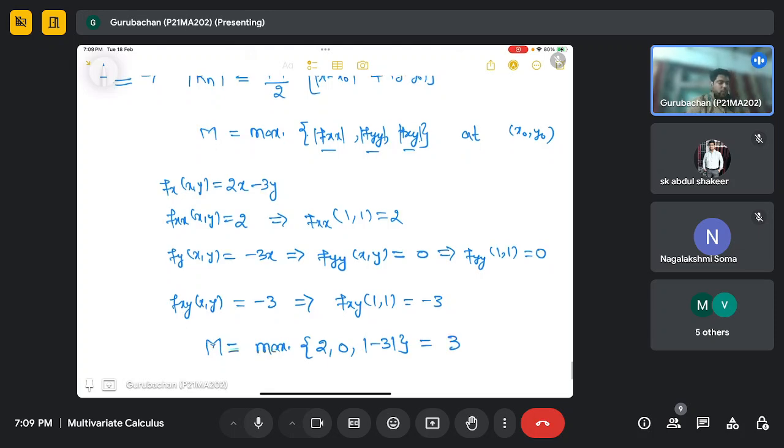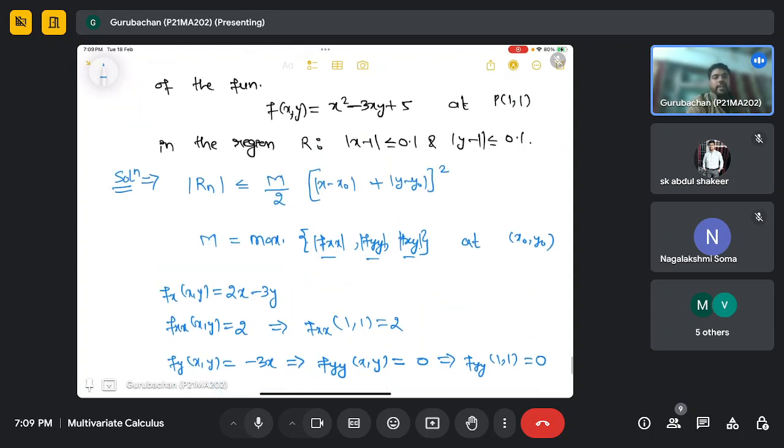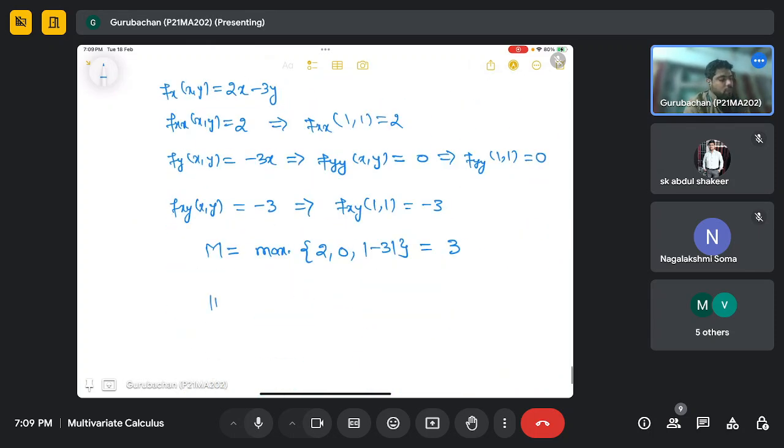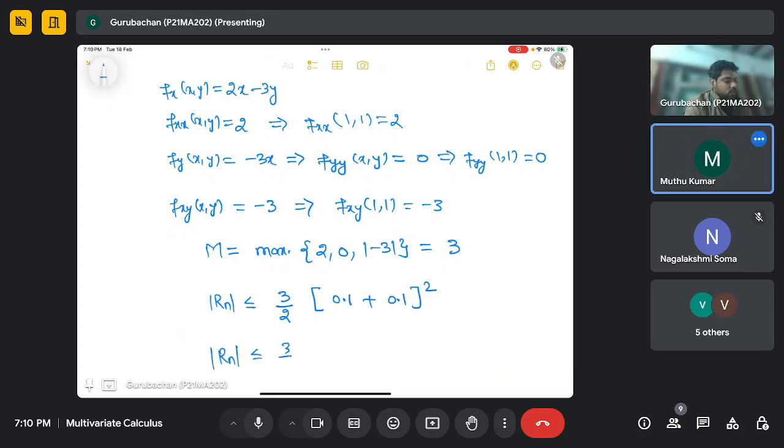Okay, so you got the value of M. Now you have to decide the bound for x minus x naught and y minus y naught, which is hinted in the given question, that this must be bounded by 0.1. So |R1| is less than or equal to 3 by 2, and this quantity is less than 0.1, this quantity again less than 0.1, its square. So this will give you 3 by 2 times, better to write R1, sorry.